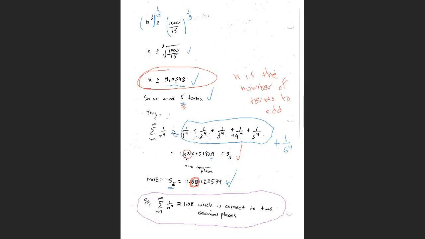Add on the 6th term. Well, would the 6th term be enough? Samuel, you're right in the sense that we would need to add more terms. How many terms do we need to add? What we would do is solve this inequality.